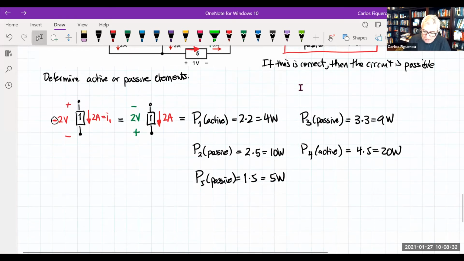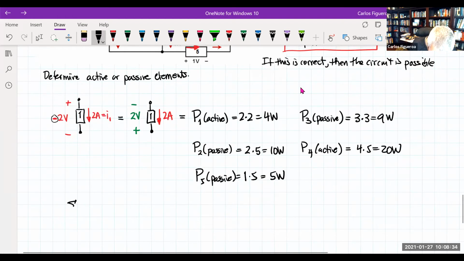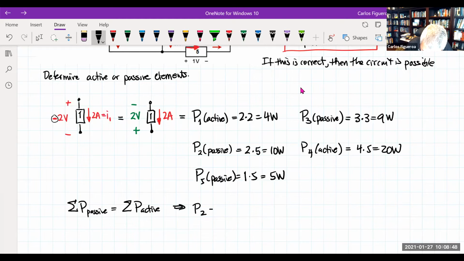So according to conservation of power, the sum of all passive must equal the sum of all active. So if I do that, you could see that the passive elements, P2 plus P3 plus P5, must equal all of the active elements, which is P1 plus P4.